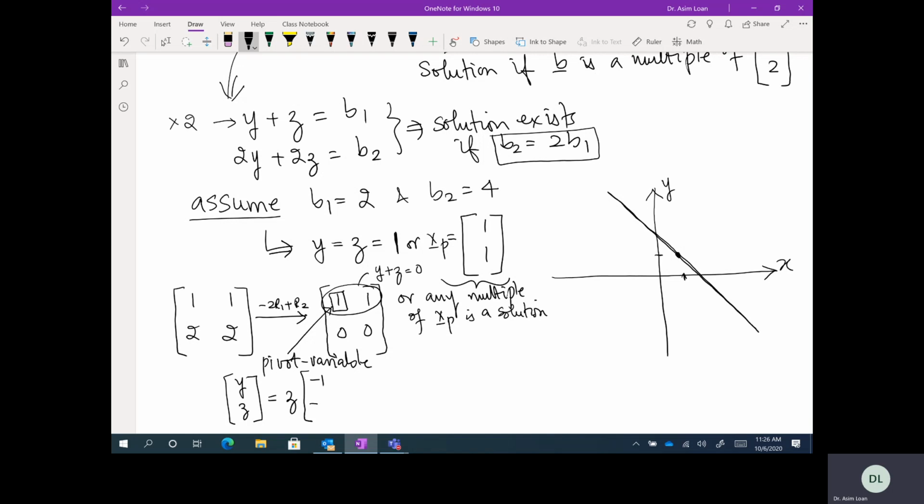So minus 1 here, plus 1 here. So minus 1 plus 1 means this one. Obviously this goes through 0, and this should be parallel.